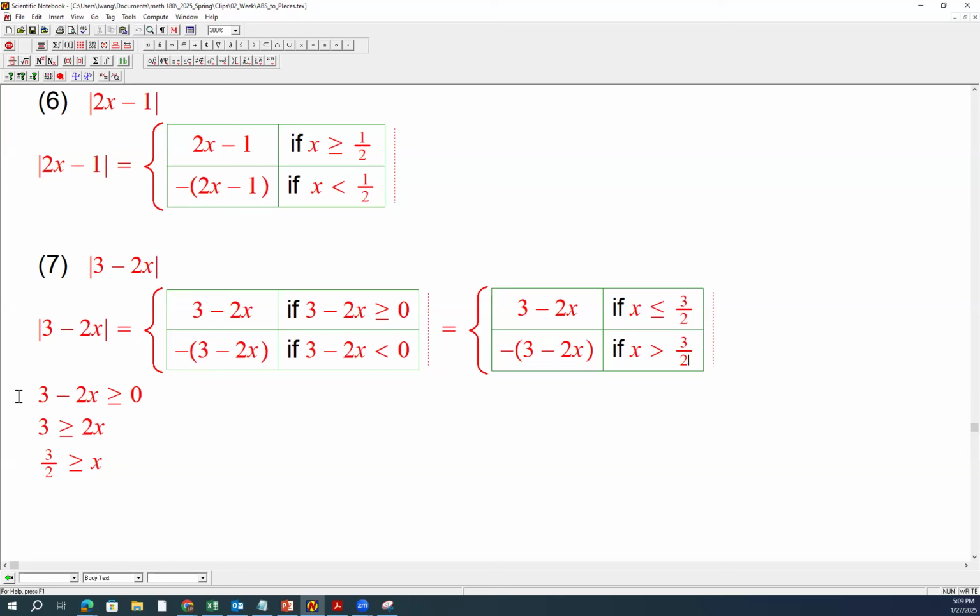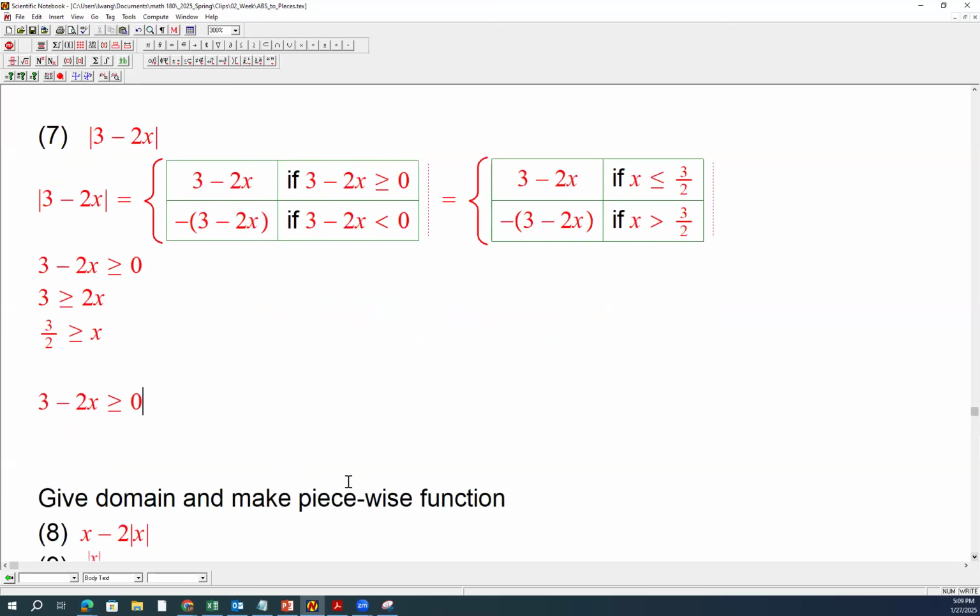So this involves solving inequalities. And some of you may say, how about I solve this inequality another way? Of course you can. Some of you may like to do the following. You subtract 3 on both sides, and you have negative 2x greater than or equal to negative 3.